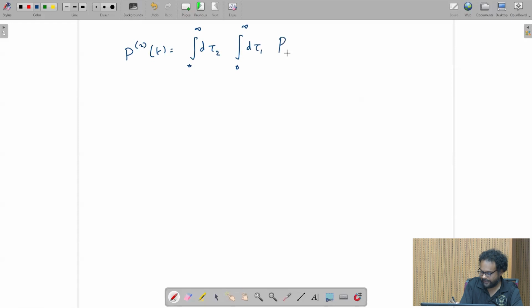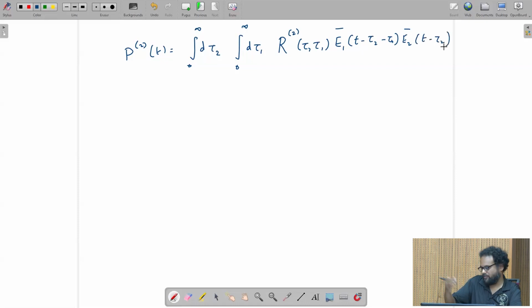You have the second order impulse response function and two electric fields. If there are no two electric fields, there is no second order polarization. There has to be a two field interaction, E1 and E2. E1 comes first and then E2 comes later.